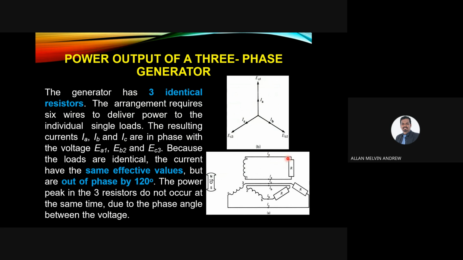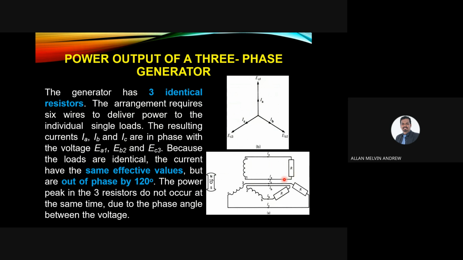So you need 1, 2, 3, 4, 5 and 6. So you need 6 wires. The resulting currents IA, IB and IC are in phase with the voltages EA1, EB2 and EC3.